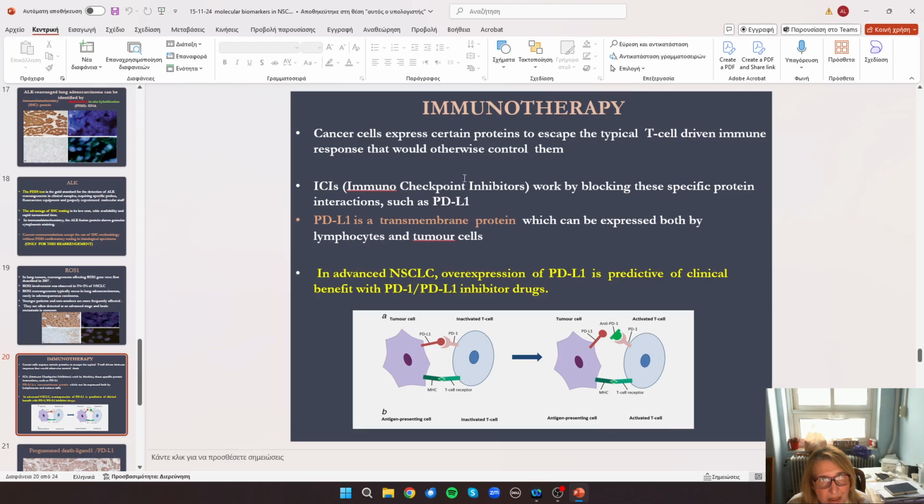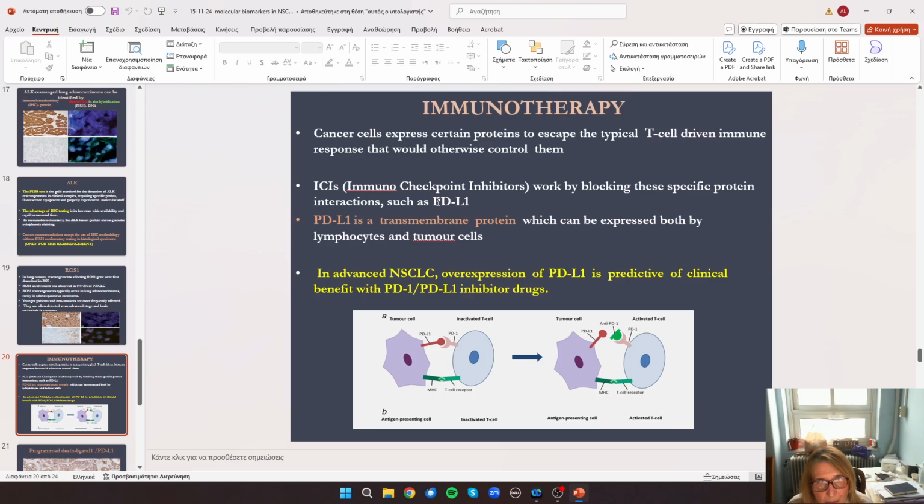Cancer cells have the ability to express certain proteins in order to escape the typical T-cell-driven immune response that would otherwise control them. Immune checkpoint inhibitors work by blocking these specific protein interactions.